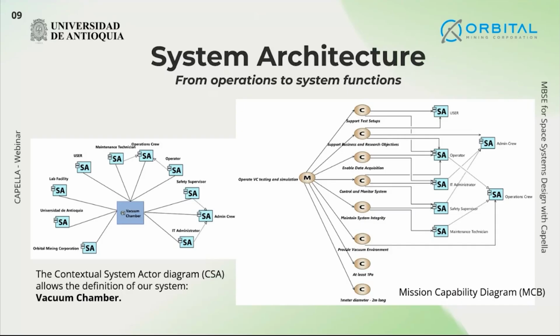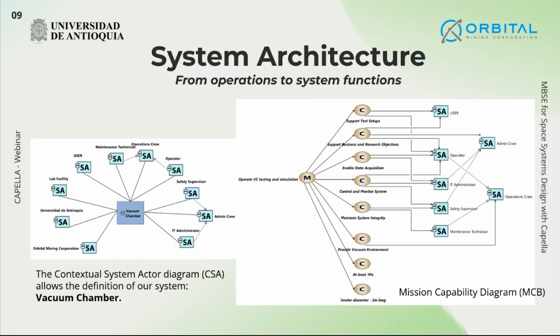The main thing was what the system is going to do. So we defined our system, the vacuum chamber, how it relates to all of the dependencies, and we defined a lot of capabilities.